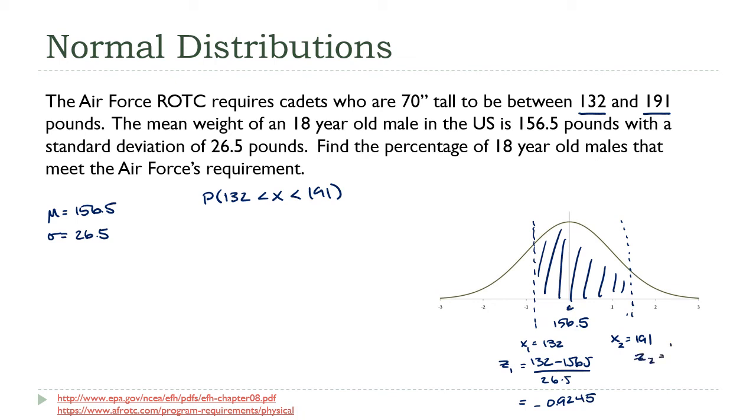Z2 is 191 minus 156.5 over 26.5, which comes out to 1.3019. All right, so in other words, my probability here is the same as the probability negative 0.9245 is less than z is less than 1.3019.